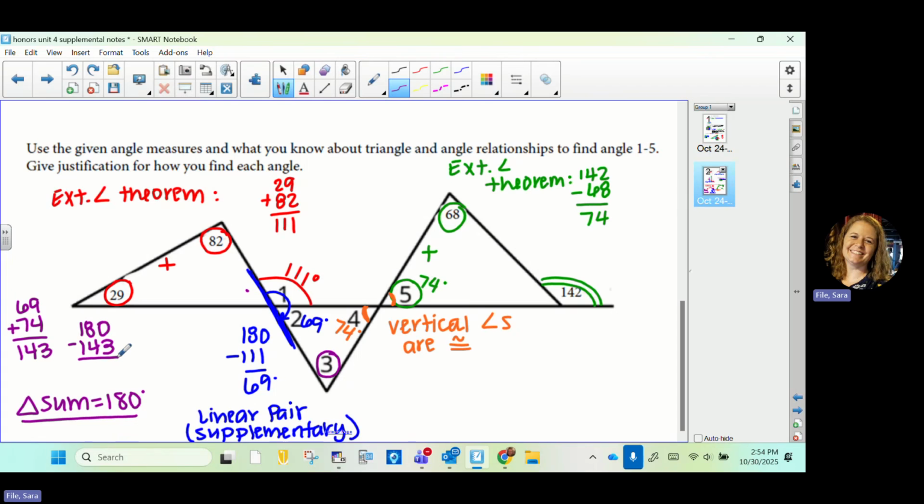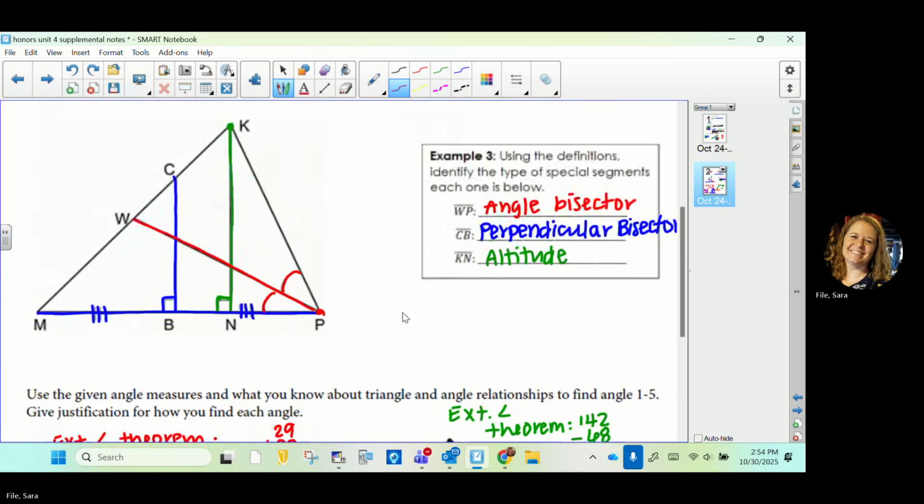So that leaves me with 37 degrees for angle 3. And that's that. So to answer these, it helps to know exterior angle theorem, but you have to know triangle angle sum theorem. You have to know linear pairs or supplementary, and you have to know vertical angles are congruent. And then you're able to solve those.